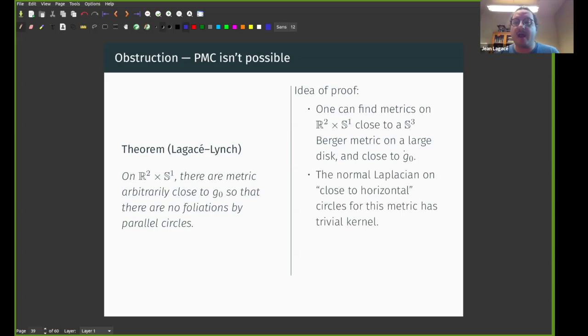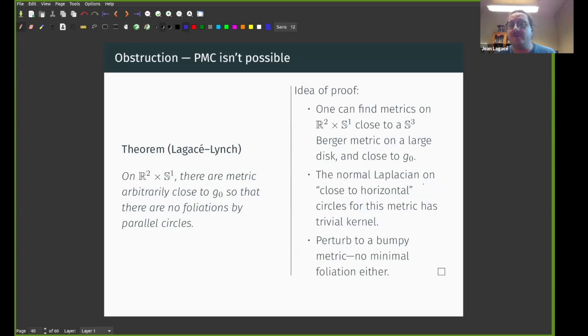Now, you can show, and this is just a direct computation, that the normal Laplacian on circles that are close to horizontal, or vertical, given the drawings I've made, I should say vertical here, has trivial kernel. This is simply a computation that you can make.